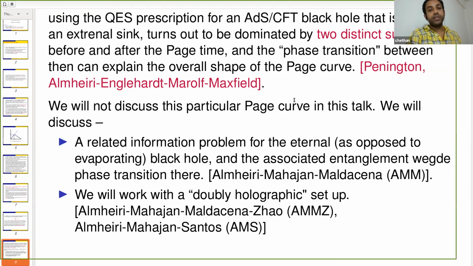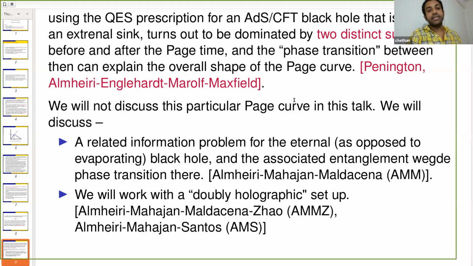Instead, I'm going to talk about a version of the same information problem, a very similar problem, in the context of an eternal black hole, which was noted by Mathur and recently by Maldacena and collaborators. There's a related information problem for the eternal black hole, and there's an associated entanglement wedge phase transition that resolves that problem as well. So that's the context in which I will work.